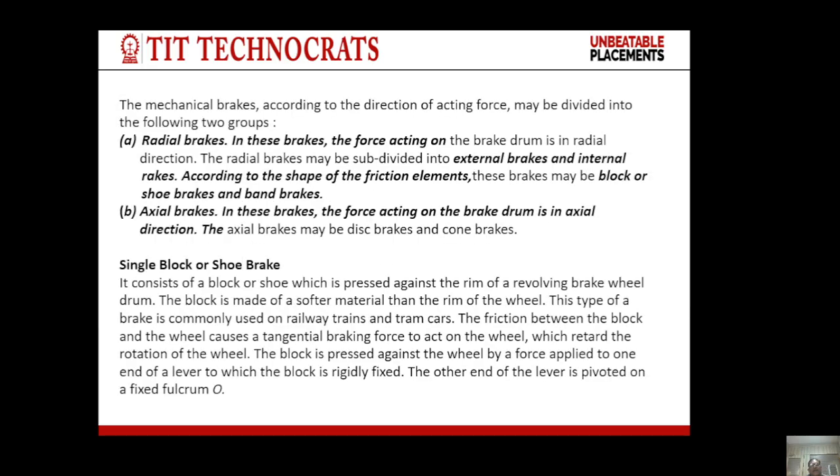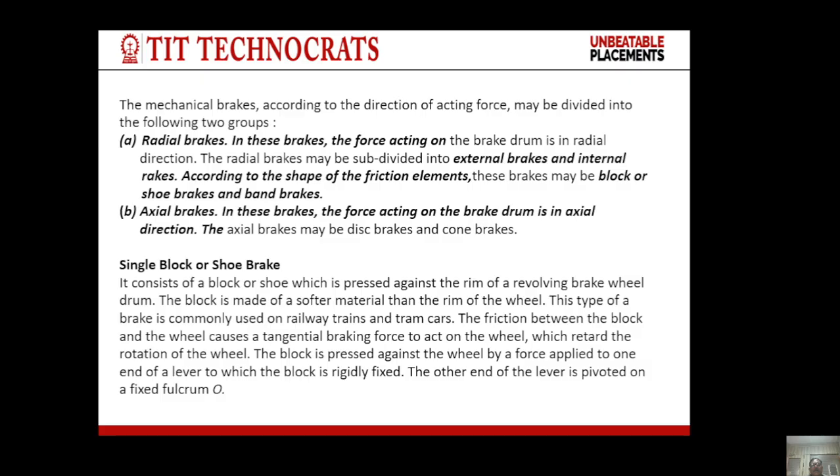The mechanical brakes may be classified according to the direction of acting force and may be divided into two groups: radial brakes and axial brakes. Radial brakes: in these brakes, the force acting on the brake drum is in radial direction.